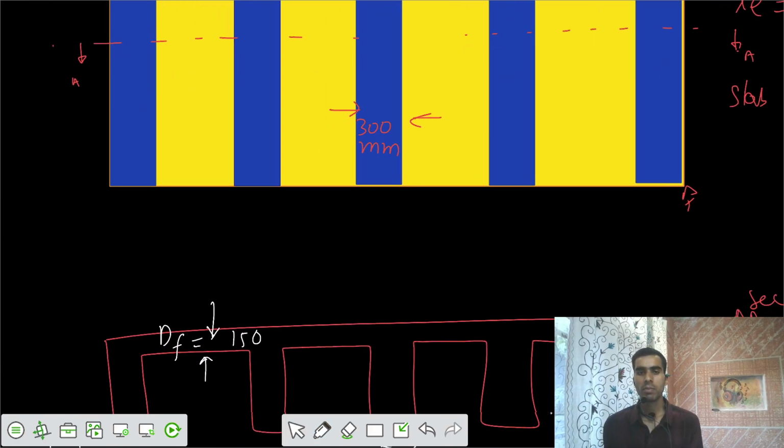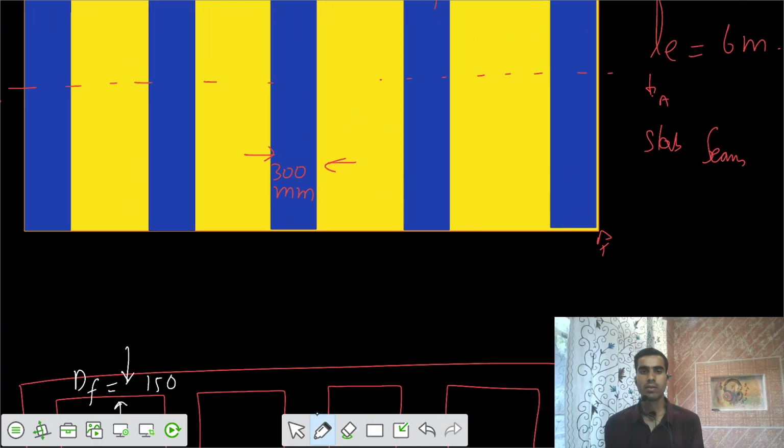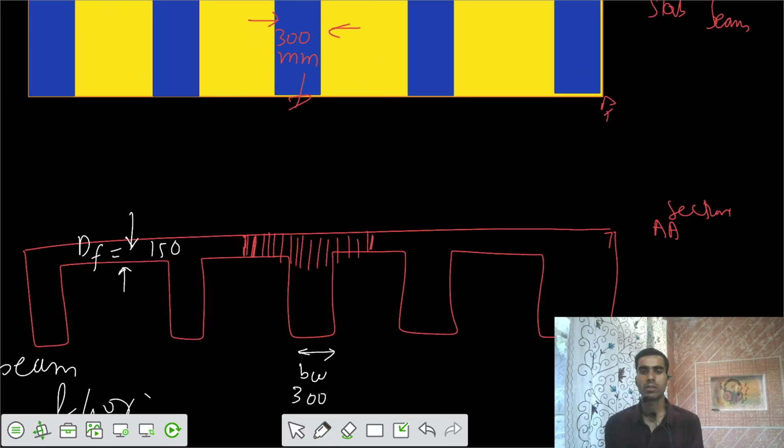Let's take this one. The intermediate beam has a contributing area from one side of 3.5 by 2, and from the other side also. So this is L1 by 2, this is L2 by 2, and we have BW such that this is your overall B.